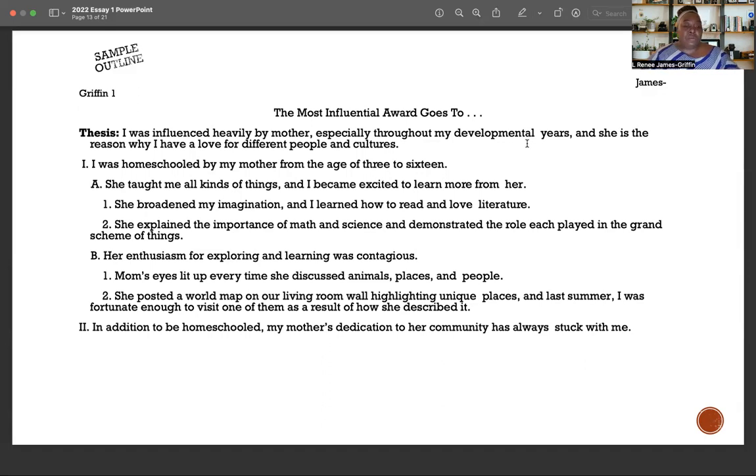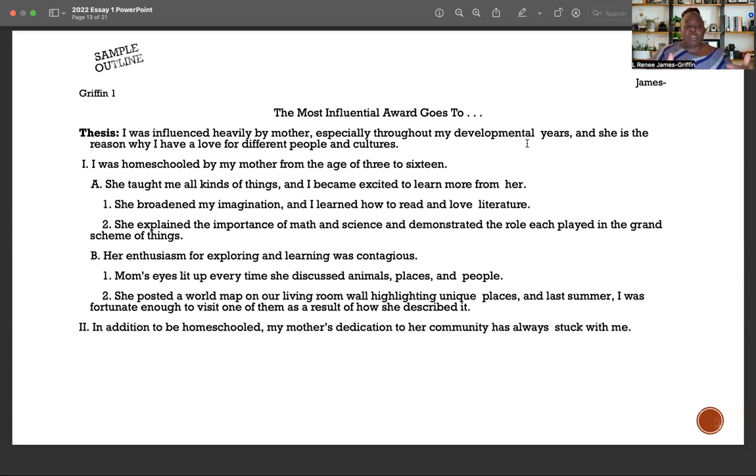B, her enthusiasm for exploring and learning was contagious. Well, how? Her eyes lit up every time she discussed animals and places and things. She posted a world map on my living room wall. So I'm providing you examples. I told you what she did and why she's influential. I gave you a detail about it, and then I gave you a specific example of that.